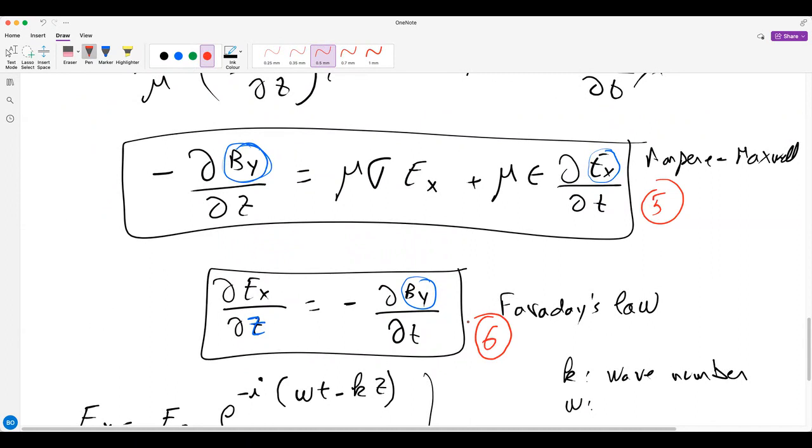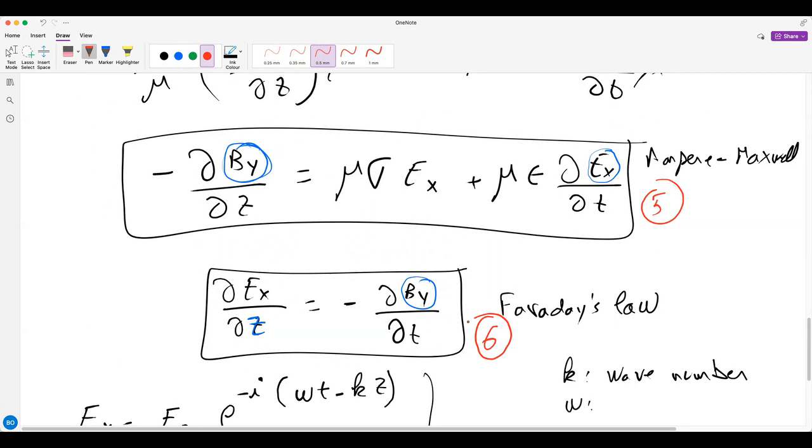We made some approximations, and we end up with equations 5 and 6 that relate the change in electric field, magnetic field, and the consequences of the induced magnetic and electric field in a medium that has permeability mu, conductivity sigma, and permittivity epsilon.